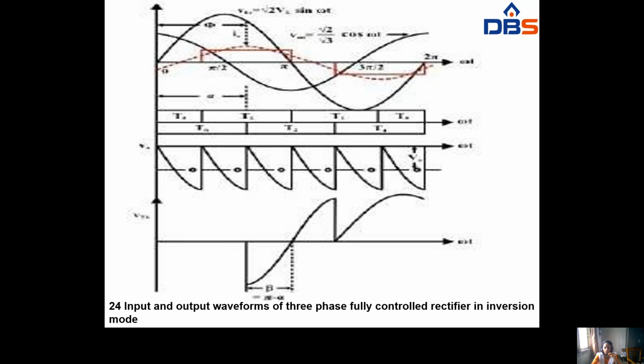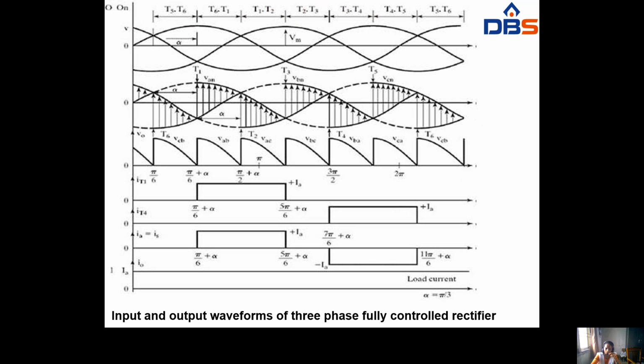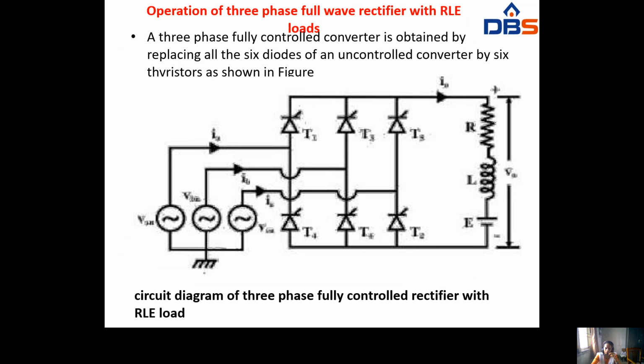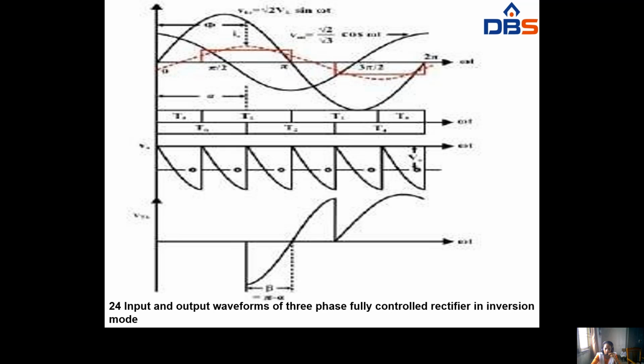Here we have to see T1, T2, T1, T5. T1, T3, T5 are in the positive direction, and T6, T2, T4 will be in the negative direction. So this is the inversion mode of the full control rectifier.